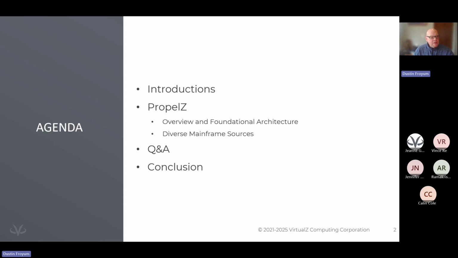We could also talk about tape data and some of the other data sources that we can get to on the mainframe as well. We'll start out with an overview of PropelZ and the architecture and the functionality. Then we'll dive into some of those more diverse data sources that we can get to and push out to a big diversity of targets.